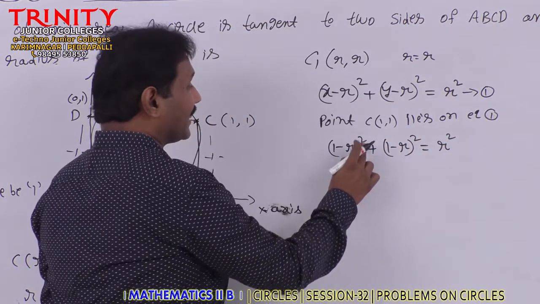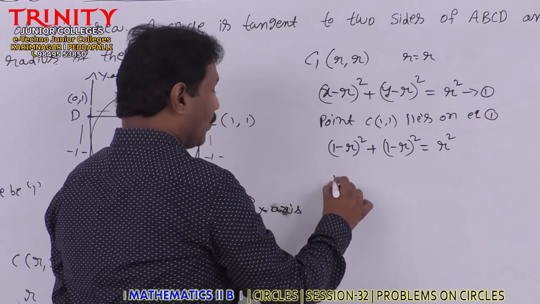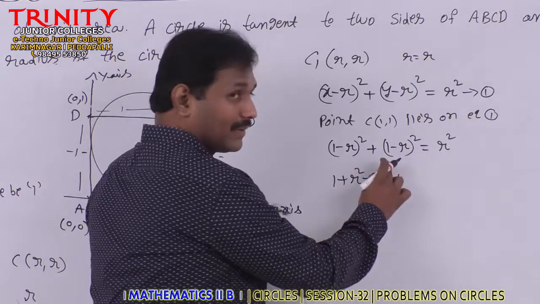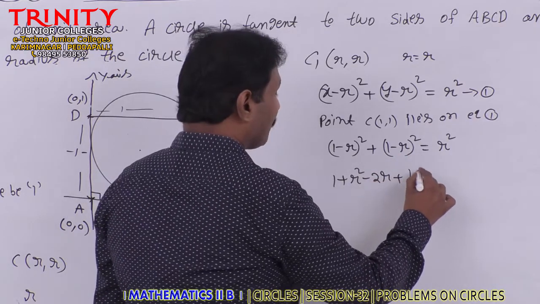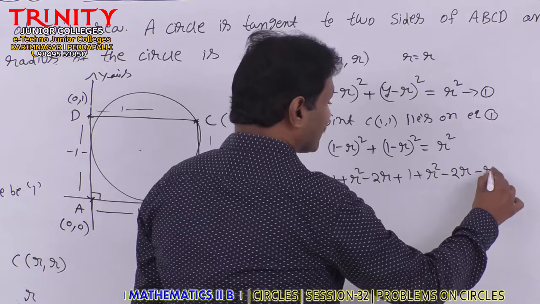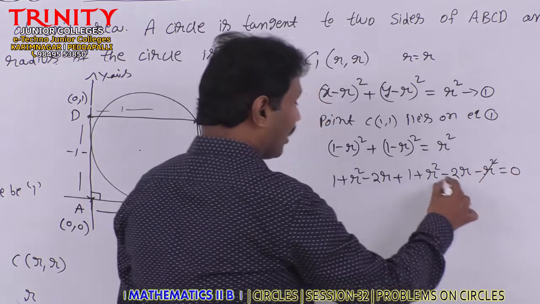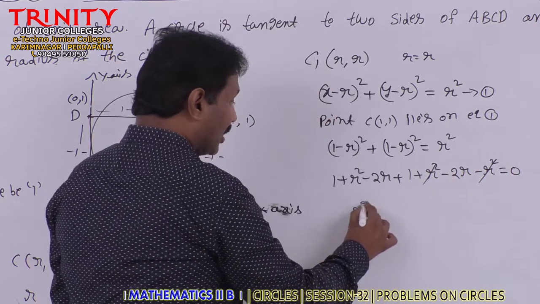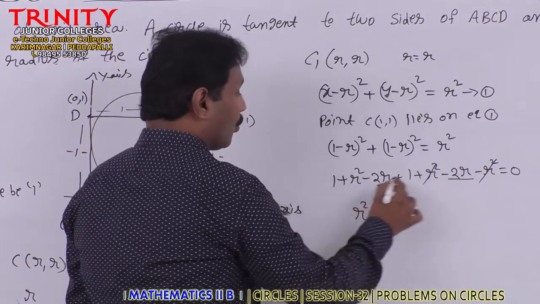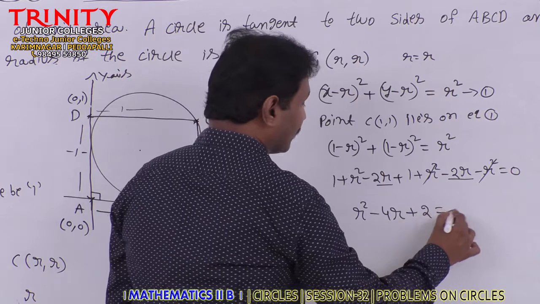This is of the form (a minus b) whole square: 1 plus r square minus 2r, and the same formula again, 1 plus r square minus 2r. Taking r square from this side, minus r square equal to 0. R square cancels. We get r square minus 2r minus 2r, that is minus 4r, 1 plus 1 is 2, equal to 0.